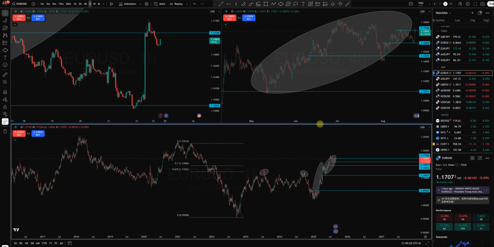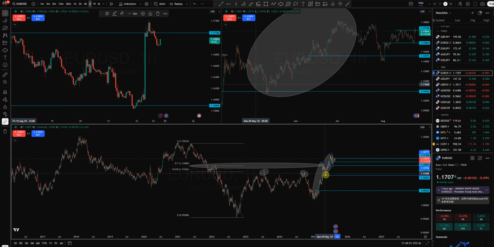Now what happened next is that I remember this level, right? A very key level right here. It exceeded, and next it further broke through to the upside. This is the one I'm talking about.